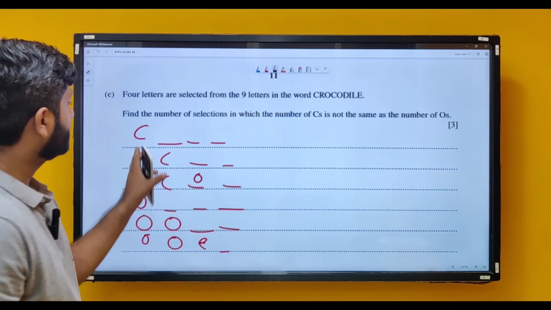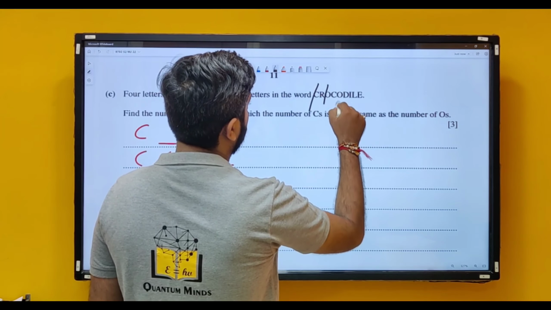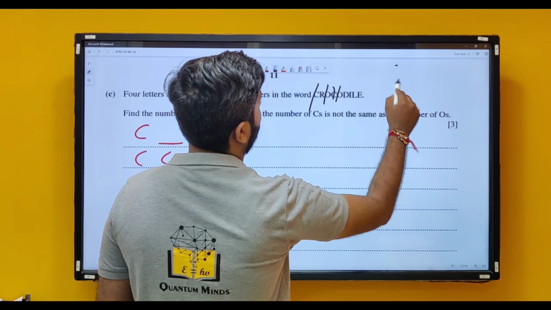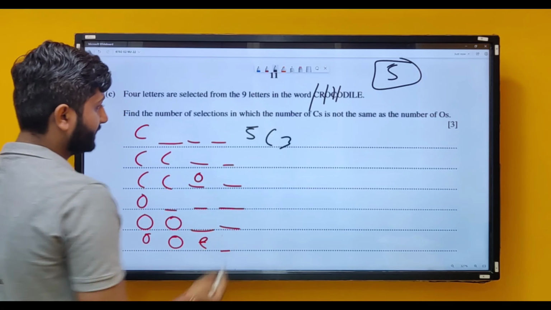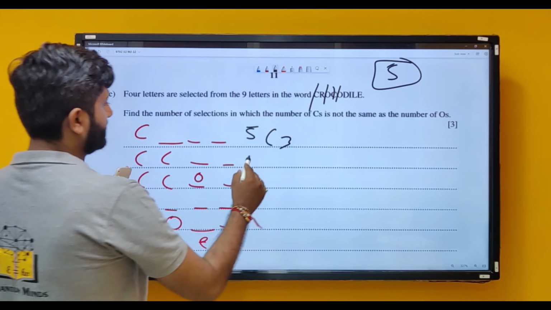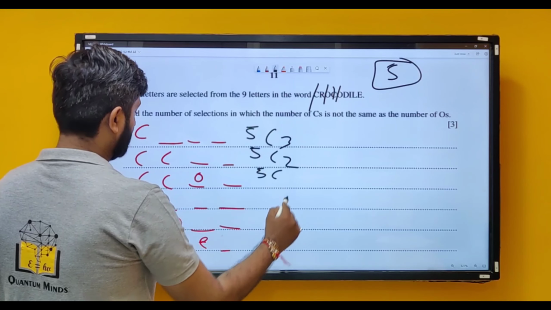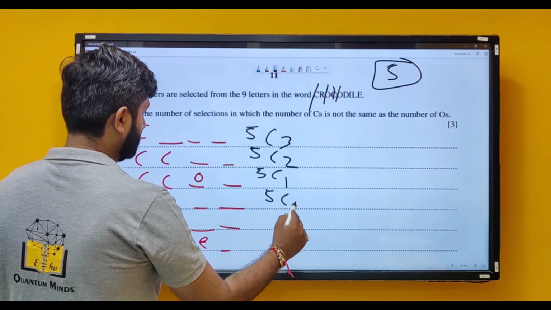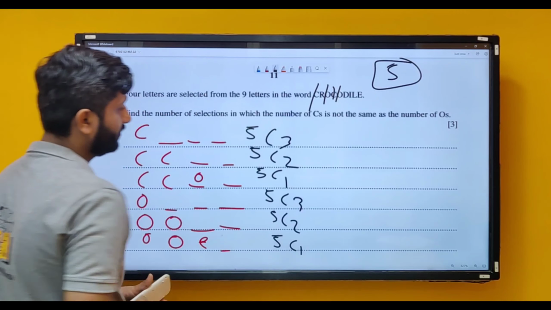Now this can be arranged in, I think I have left out C, O, O and C. So 1, 2, 3, 4, 5. I have 5 letters. So this can be arranged in 5C3, 5C2, 5C1, 5C3, 5C2, 5C1.